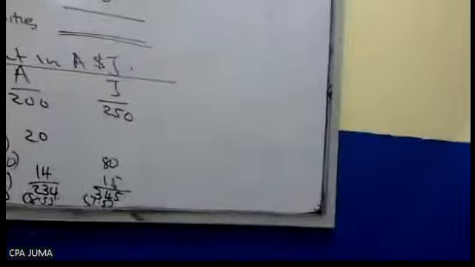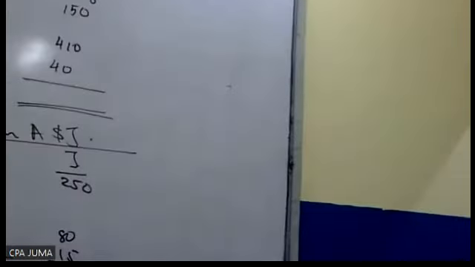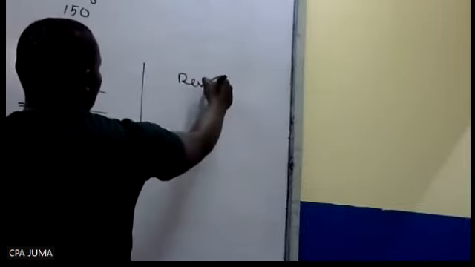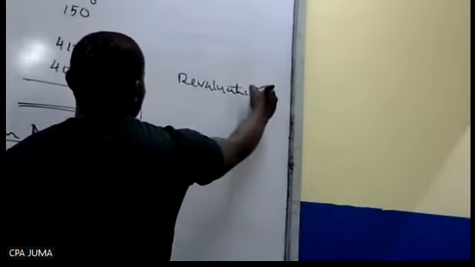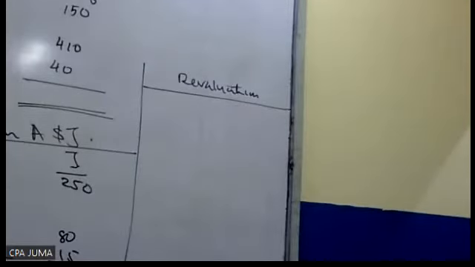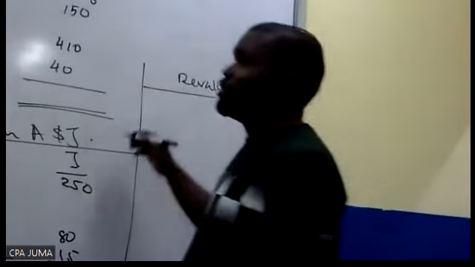Let me just do a working. I'll be fixing it in a way which is not right. So I'm working for revaluation. Just have a working for revaluation reserve.